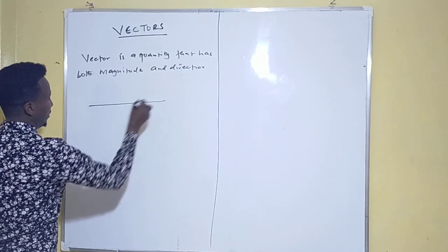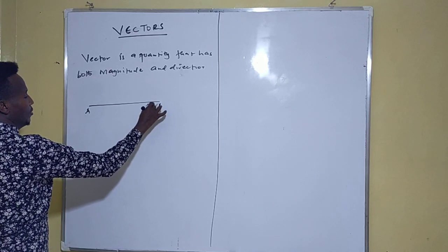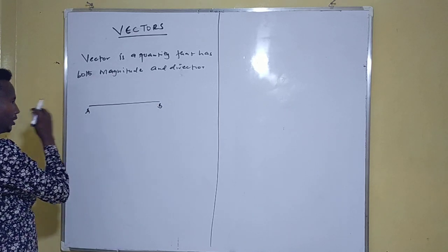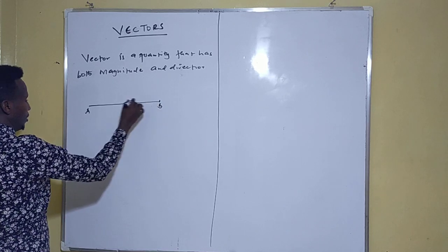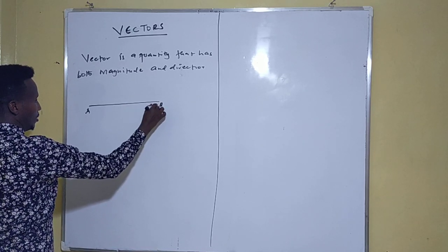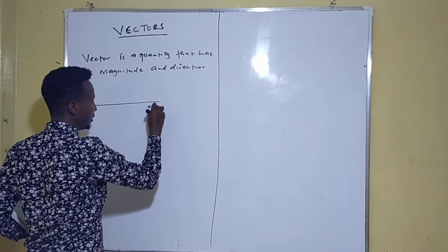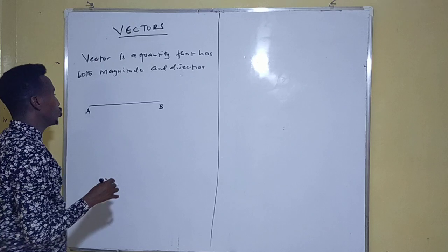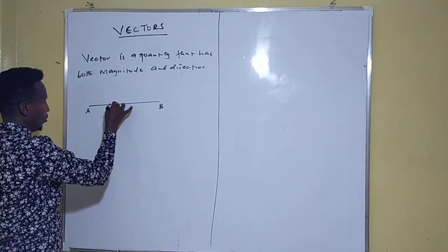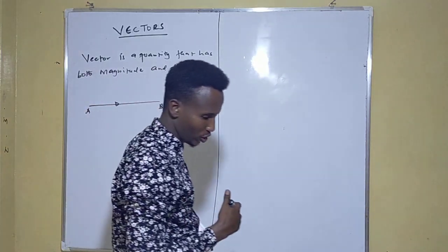If I have a line like this, let's call this one A, B. So the distance AB is what we normally call magnitude, by the way, okay? Now if I give it an arrow showing the direction, the arrow in a vector always shows the direction.